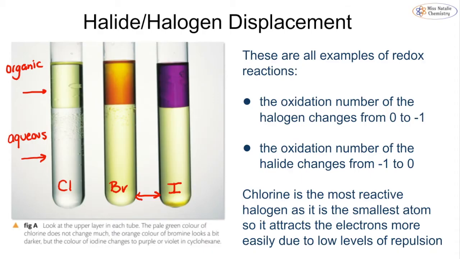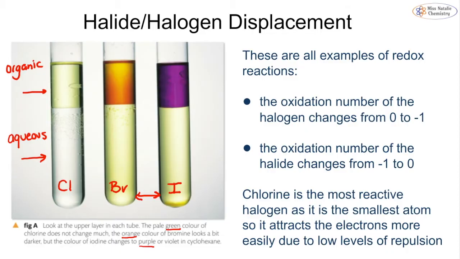This is a typical question in an exam, so make sure that you can name an organic solvent, cyclohexane probably being the best one, and make sure you know the colours of each of them. So we have green for the chlorine, orange for the bromine, and purple for the iodine. Now, all of these reactions are examples of redox reactions.